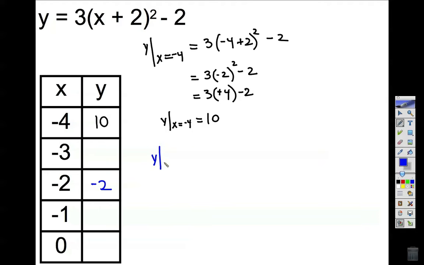What is y when x equals negative 3? This is the correct work. When you do that in the calculator, you are going to get that it is equal to 1.